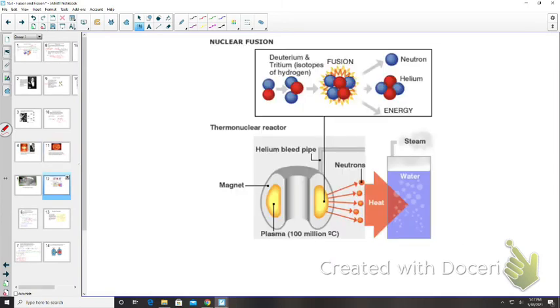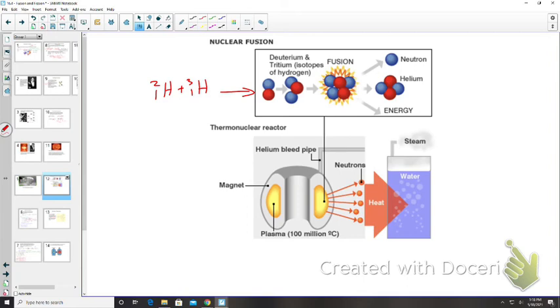Okay, so nuclear fusion. This is what we've looked at previously. So here we have deuterium and tritium. So deuterium would be hydrogen 2, and tritium is going to be hydrogen 3. And that is going to form a helium nucleus, a neutron, and it is also going to release energy.